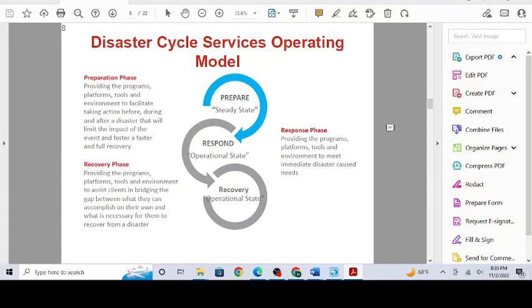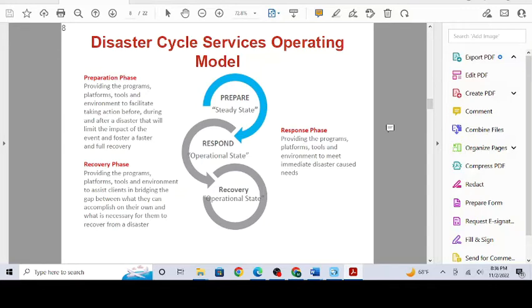You really are focused on providing the immediate survival needs so that people can survive. Imagine that you're arriving, it's chaotic, and you're trying to put those structures into place to meet people's immediate survival needs.